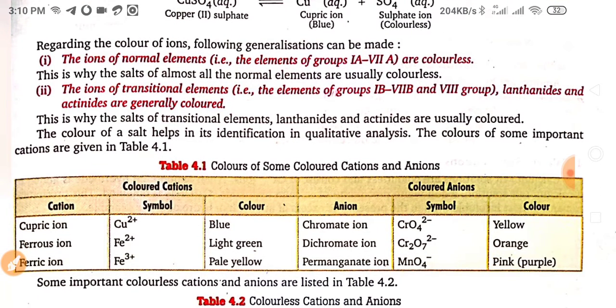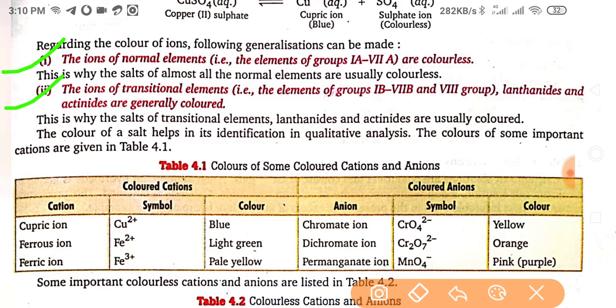Regarding the color of ions, the following generalization can be made. The ions of normal elements, that is the elements of group 1A to 7A, are colorless. This is why the salts of almost all the normal elements are usually colorless.